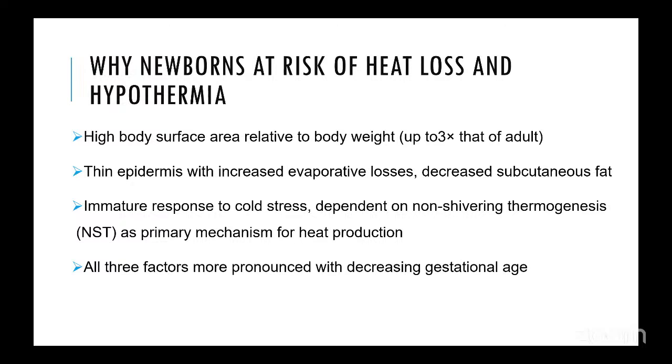And babies depend on non-shivering thermogenesis as a primary mechanism, like brown fat. Those are things which will actually generate heat in the babies, unlike adults who shiver to generate heat. All these factors are more pronounced with decreasing gestation, so more preterm babies have more of this problem.